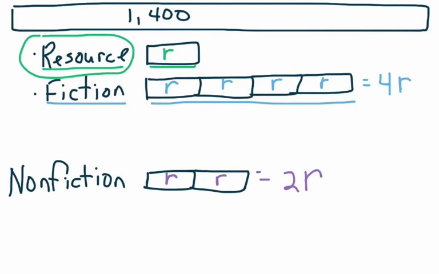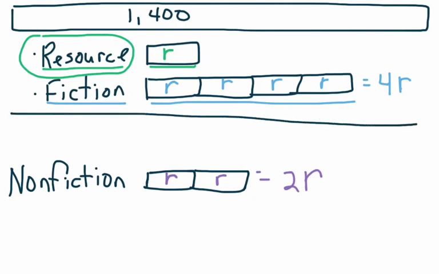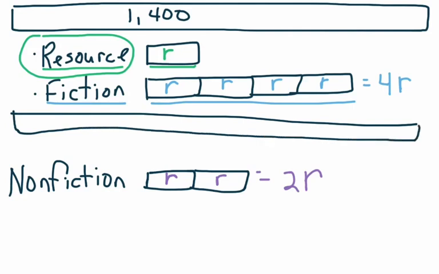So now we want to write an equation that represents this. So here we're going to redo our big tape diagram. I have some space here, so I'm going to put this in here. This is the 1,400.